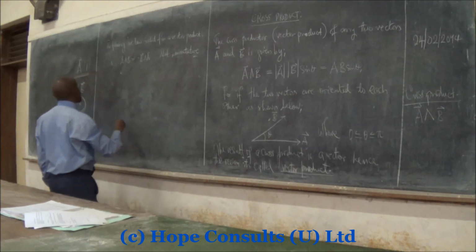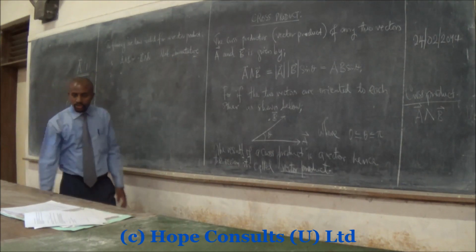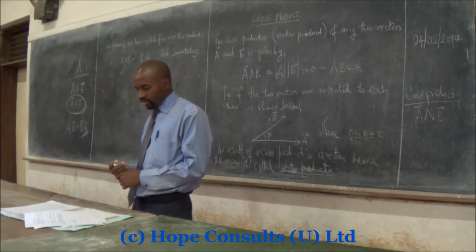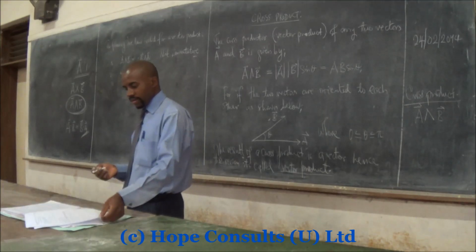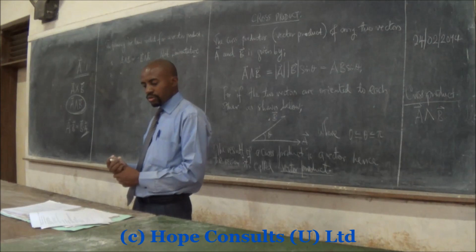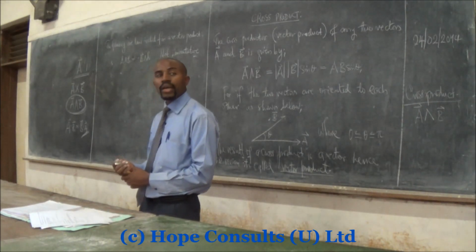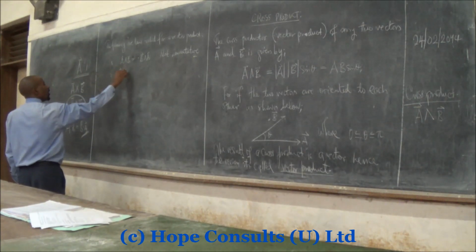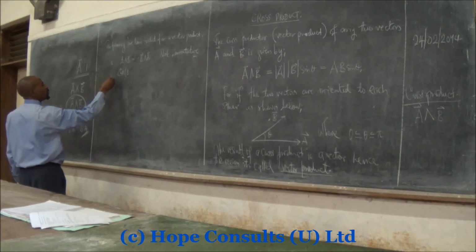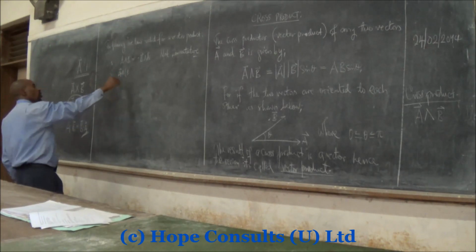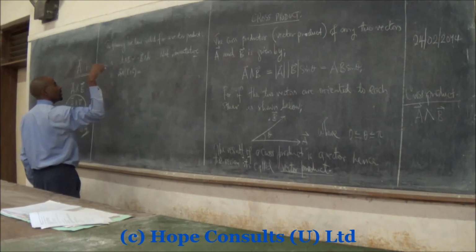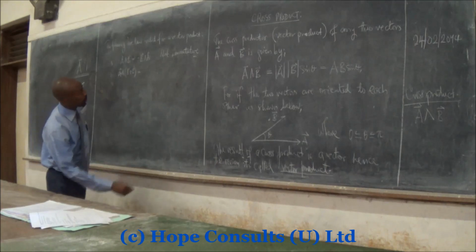It's not commutative. The next one is, if you have three vectors and you try to cross one with the sum of the other two, A cross (B plus C), just for consistency with the product we had last time.